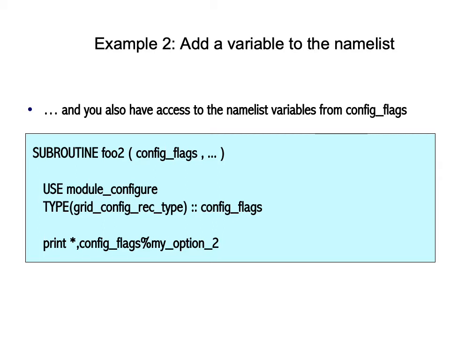Similar to the grid%, you can simply say config_flags%my_option_1 or my_option_2. When you're dealing with config_flags or grid%, if a variable has multiple entries, one entry per domain, config_flags and grid will only show you the entry for that particular domain.